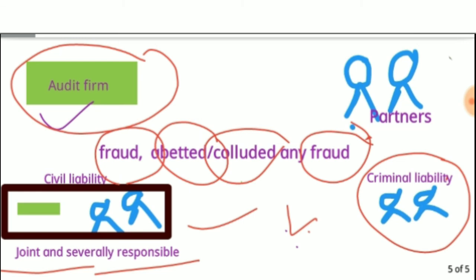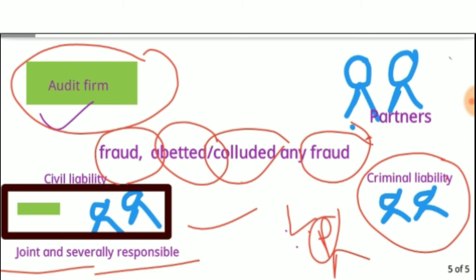That is, for criminal liability, the concerned partners who were involved in fraud, or who had knowledge of that fraud, or who conducted the audit in a fraudulent manner or abetted or colluded shall be liable for the criminal liability. But for civil liability, who is responsible? The partners of the audit firm and the firm, jointly and severally responsible.